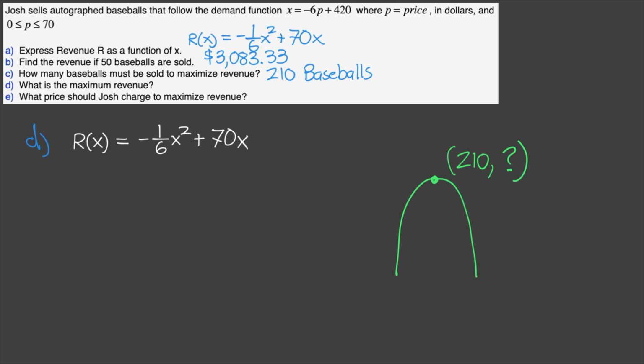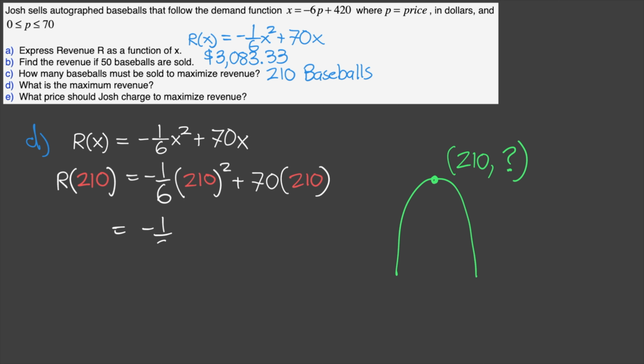Let's plug in 210 here. Whenever I see an X, I will plug in 210 in red. We've plugged in 210 wherever we saw an X. So this is going to be negative 1/6 times 210 squared. What is 210 squared?